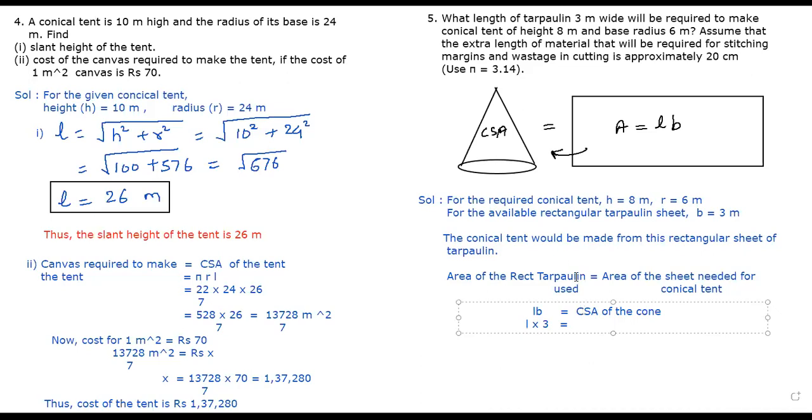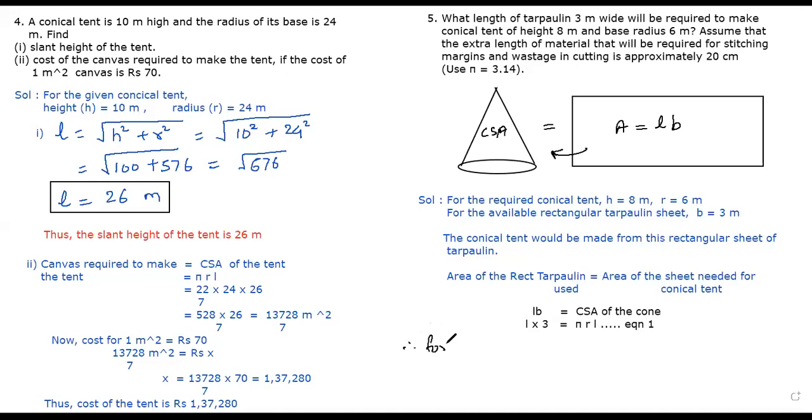Now tell me what we have missed out. Do you know the slant height of the cone? No. Do we have the slant height of the cone? No. So first find it out. First find the slant height of the cone. Yes or no? Yes, sir. So let me write therefore.